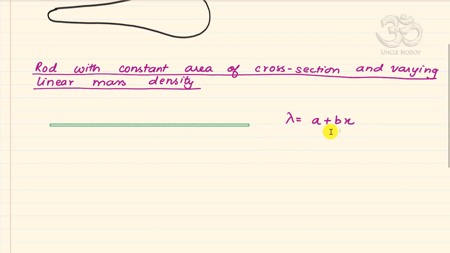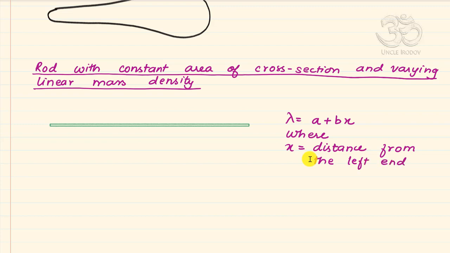This is how lambda varies, where x is the distance from the left end. And we are supposed to find out the center of mass of this particular rod.